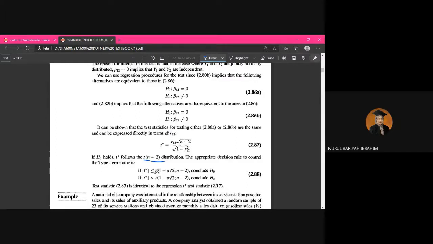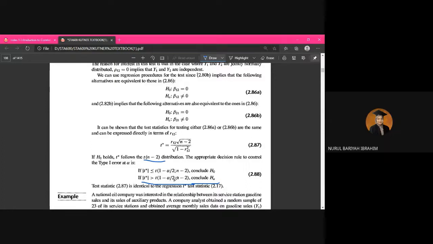We reject H0 if the absolute value of the t statistic is more than the critical value of the table.